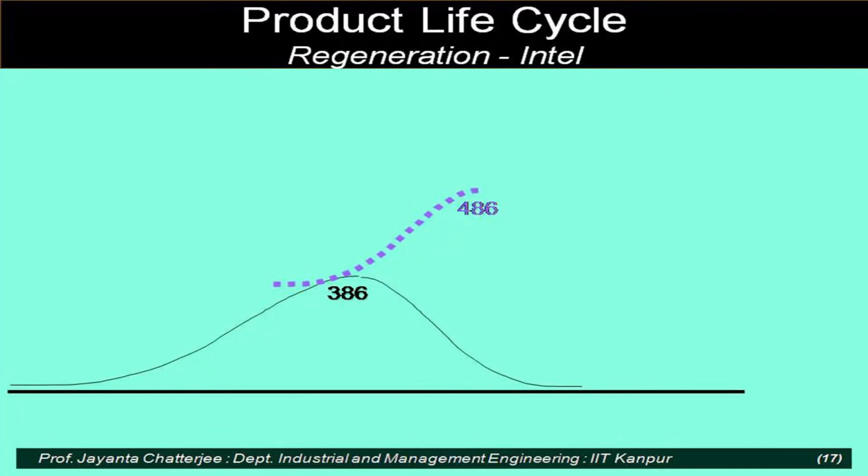And before other people came up with alternative products attacking the 386, Intel themselves made their 386 product obsolete and came up with the 486. This is sometimes called cannibalization, but this is a deliberate strategic cannibalization based on the principle that it is better that you obsolete your product rather than your competitors obsolete your product.